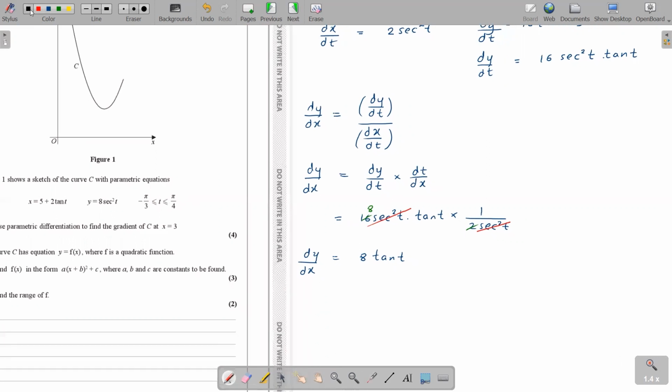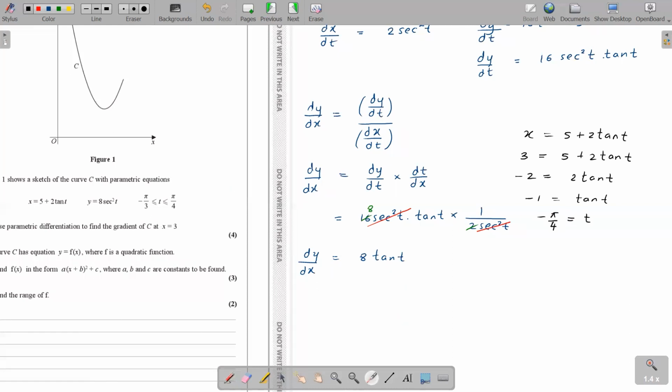So what is the x here? X equals 5 plus 2 tan t and x is equal to 3. What happens here? 3 minus 5 is minus 2 equals 2 tan t, which gives me minus 2 divided by 2 is minus 1 equals tan t. We can directly substitute tan t as minus 1.